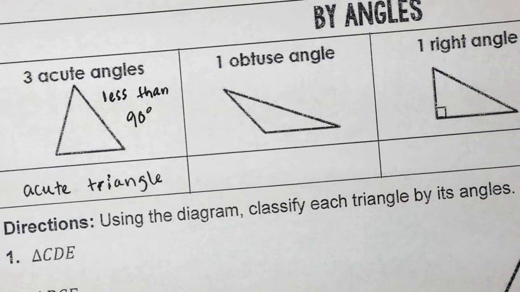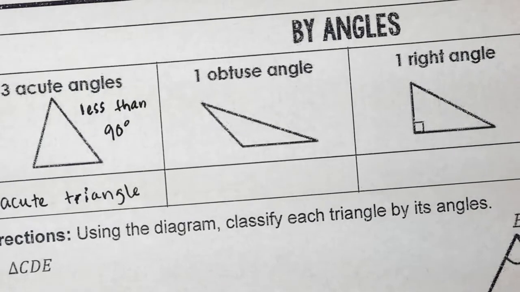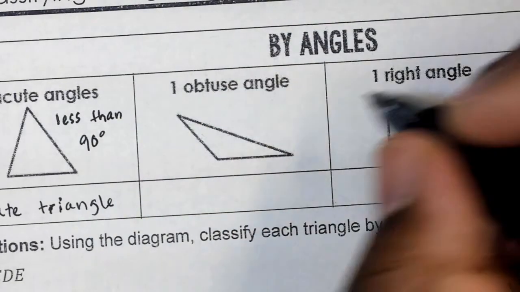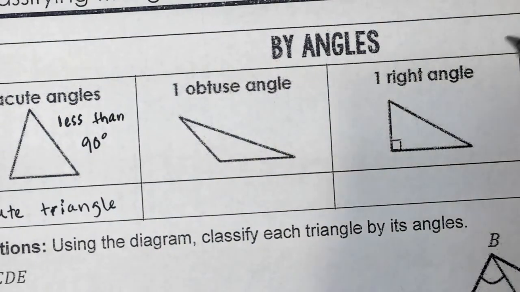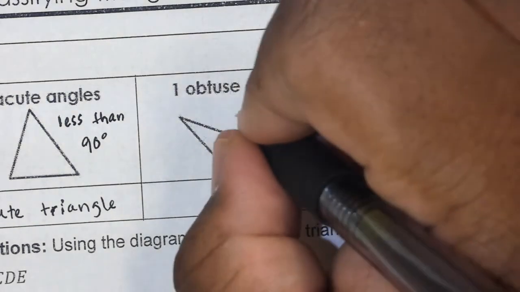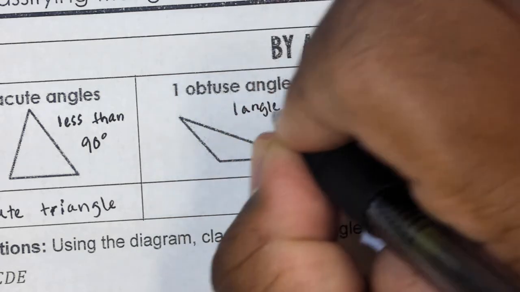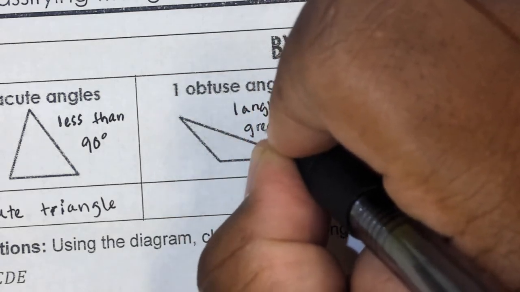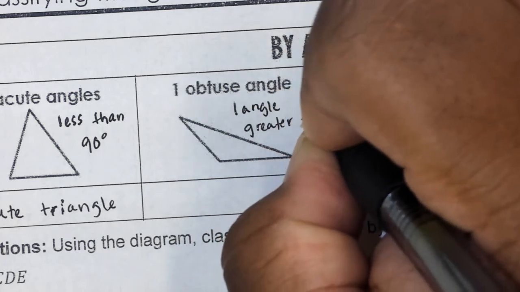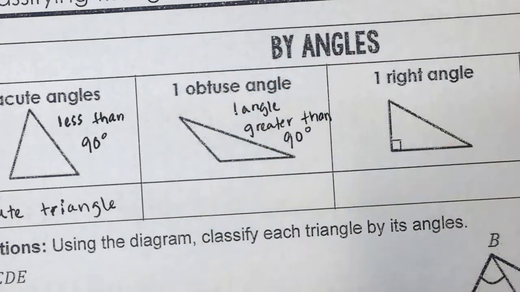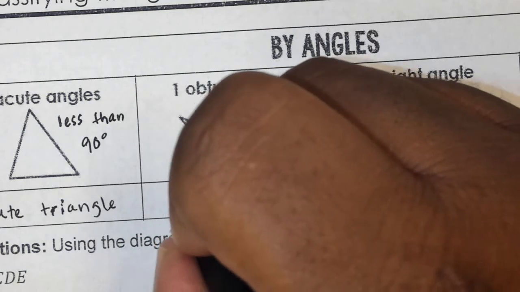Obtuse triangle. If just one of your angles is greater than 90 degrees, one angle greater than 90, then the triangle is an obtuse triangle.